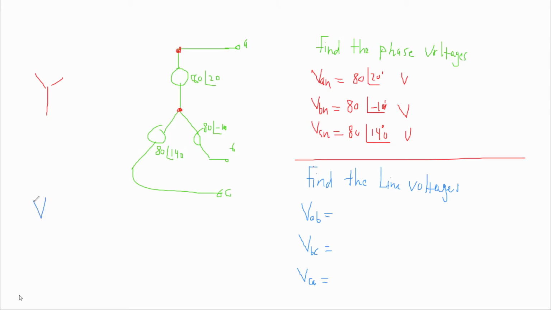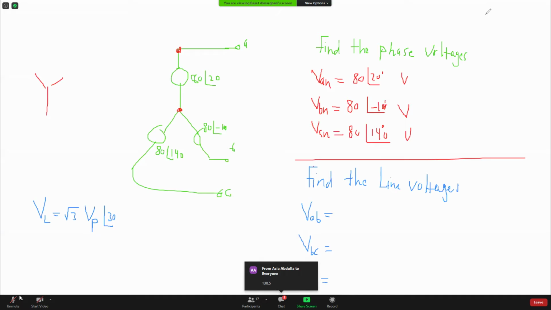We say V line equals square root of 3 times V phase and angle 30. So I take the first one, 80 multiplied by square root of 3. How much is that? 80 times square root of 3. I got an answer of 138.5.